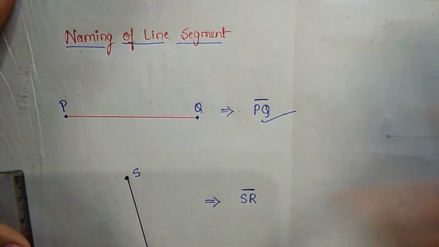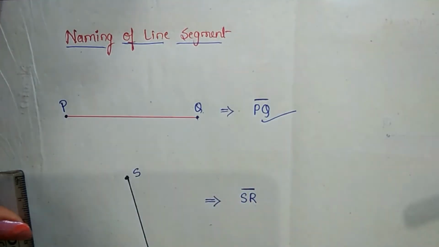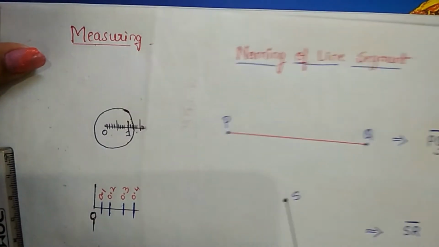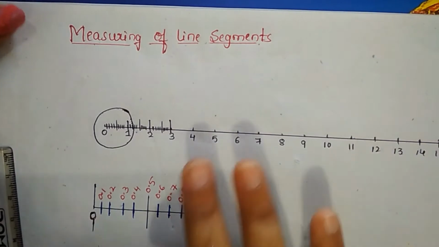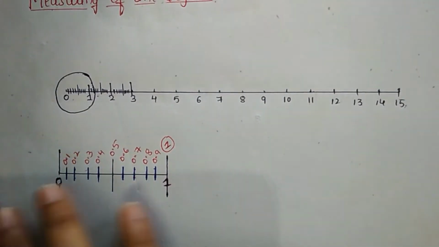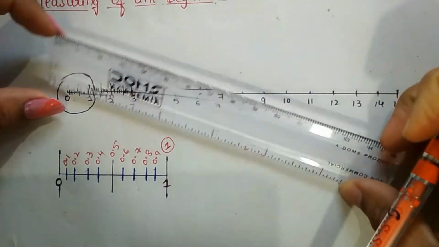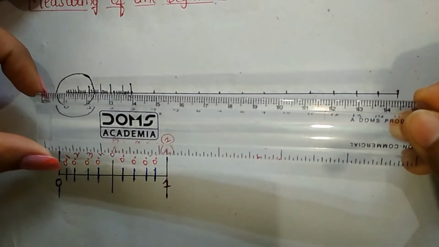Next point, after knowing the naming of the line segment, I am going to teach you how to measure the line segments. Here we come to know, everyone knows what a scale is. This is an instrument used to measure lines.